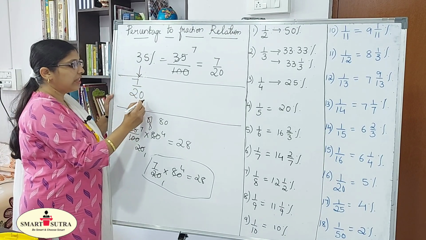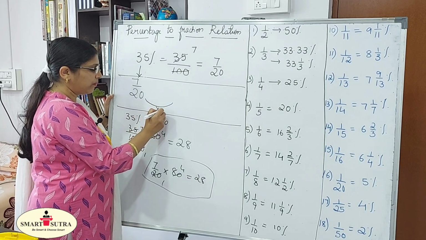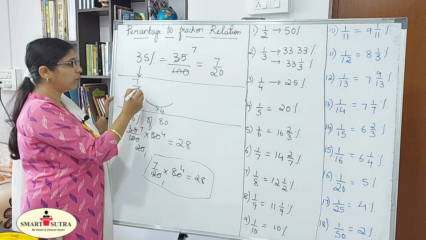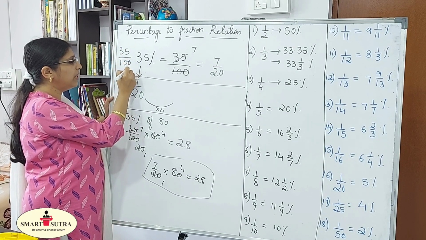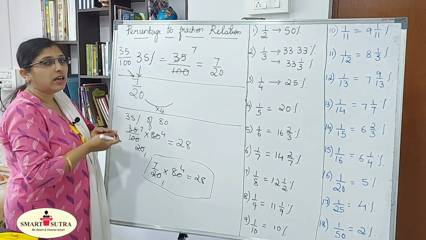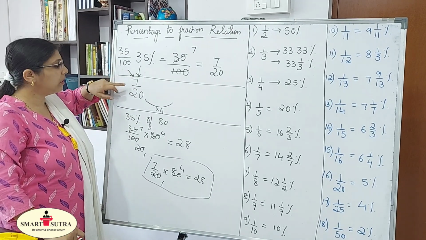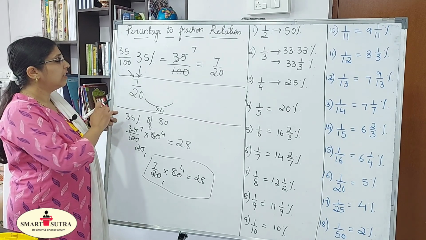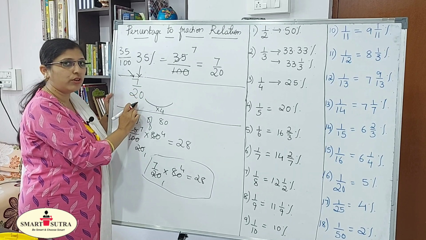Now if I say the paper was increased by 4 times, what happens? 35% is nothing but 7 by 20, which means 35 by 100 is similar to 7 by 20. A person scoring 35 marks out of 100 is the same as a person scoring 7 marks out of 20.